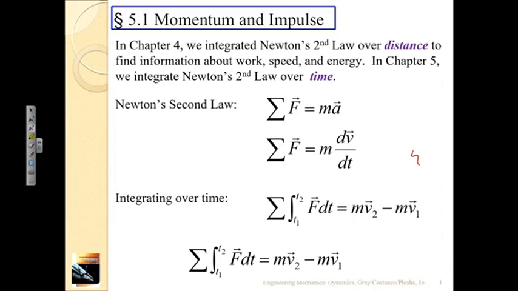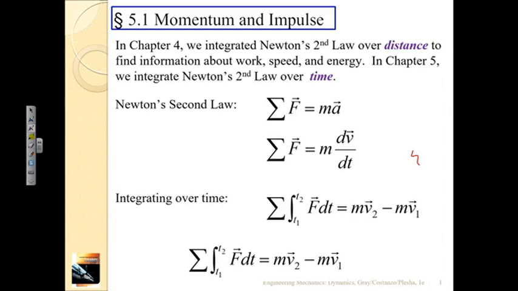So chapter 4, what do we do? We took F equals ma. We integrated this along the path.